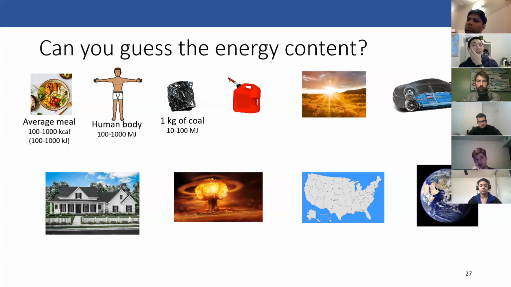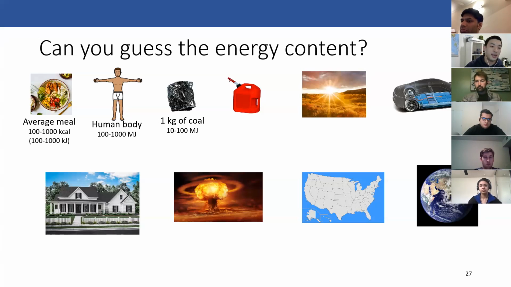Think about the energy density here as well. A human body has 10 times as much energy as a kilogram of coal, but it probably weighs something like 50 times more.